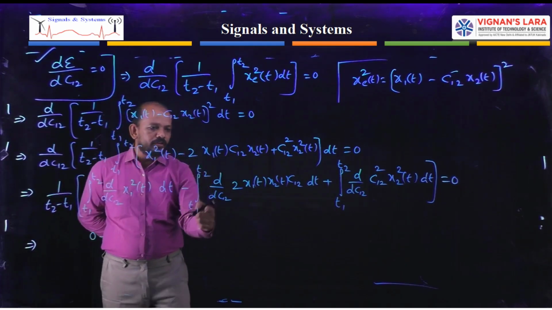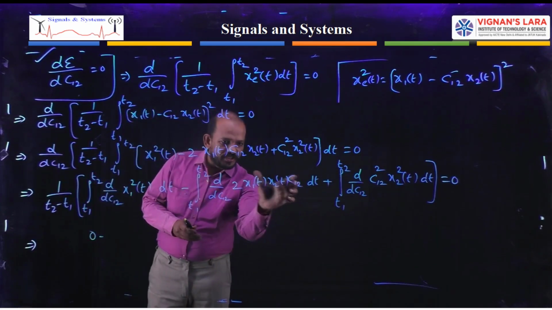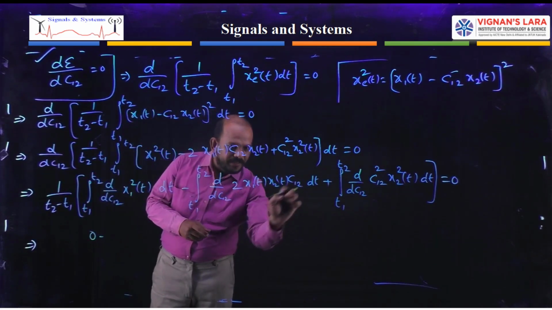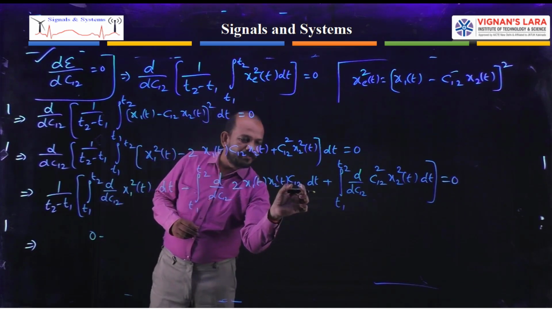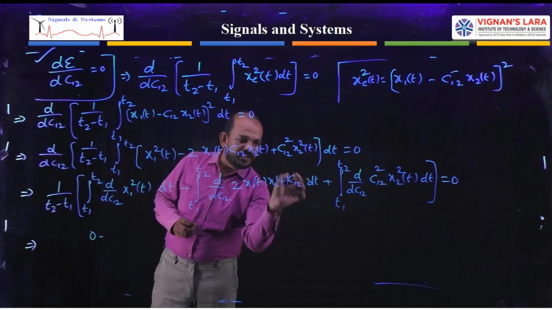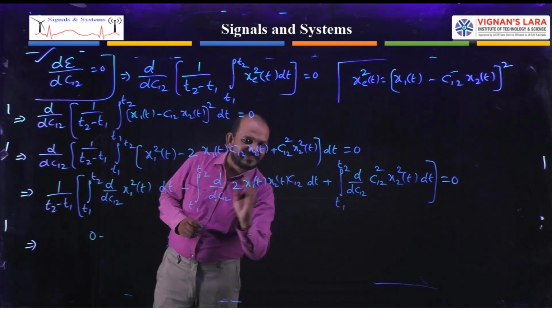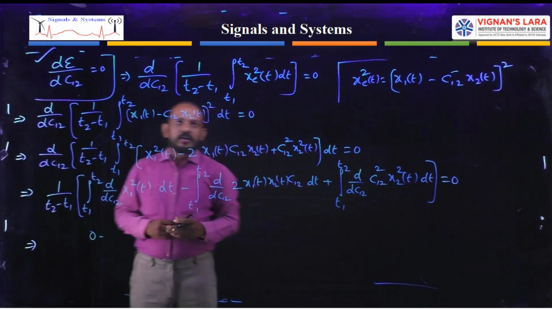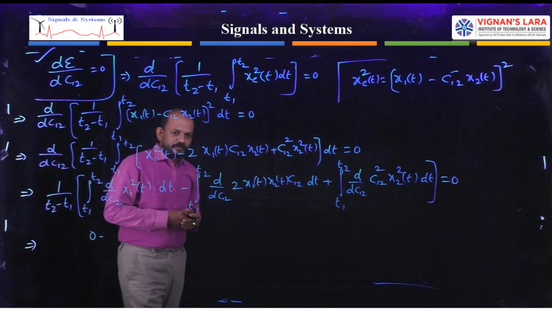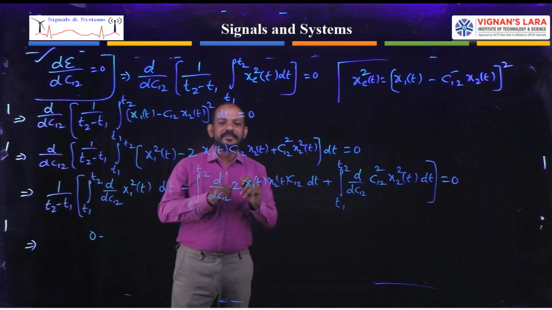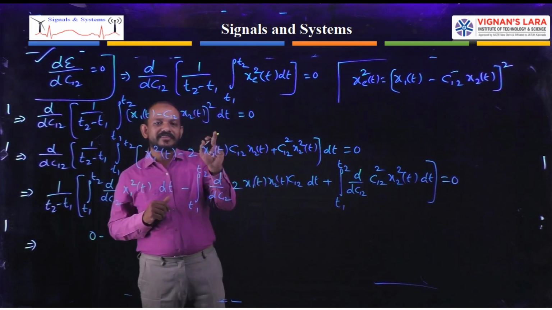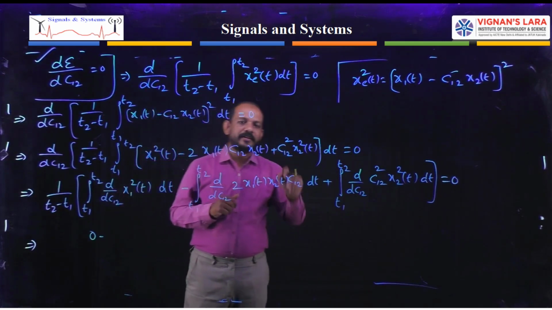integral t1 to t2. Now I am differentiating this complete term with respect to c12. We differentiate with respect to c12 and treat the remaining as constants. Let us take the differentiation of 2x with respect to x, which is nothing but 2.